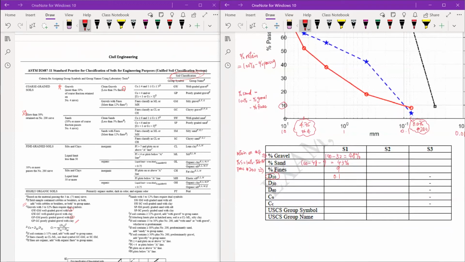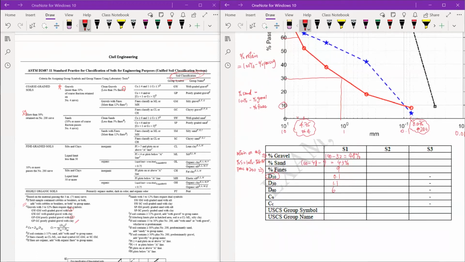Similarly for D30, we identify the corresponding diameter at 30% passing: we draw a line and go back to the x-axis, and we get about 1.1. We do the same for D60: at 60% passing, the corresponding diameter is about 6 millimeters.